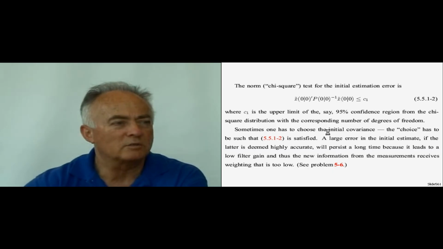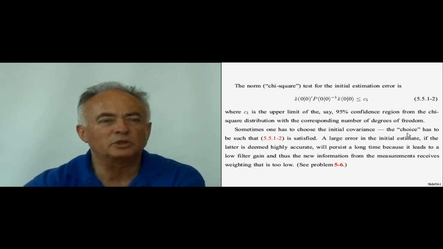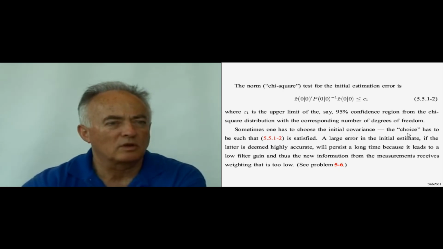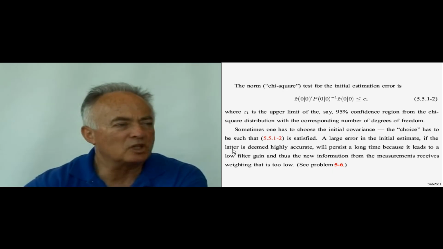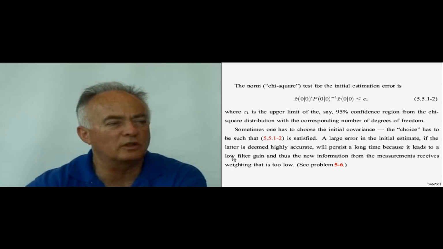Now, sometimes you have to choose the initial covariance, an arbitrary choice, and you have to do it in a smart way. What you want is that this equation is satisfied. If you have a large error in the initial estimate, and the filter is told that the initial estimate is highly accurate, such an error will stay in the system for a long time because it leads to low filter gain.